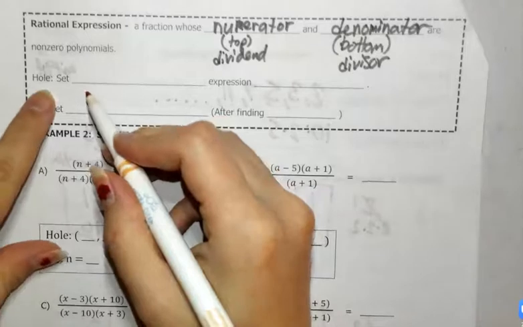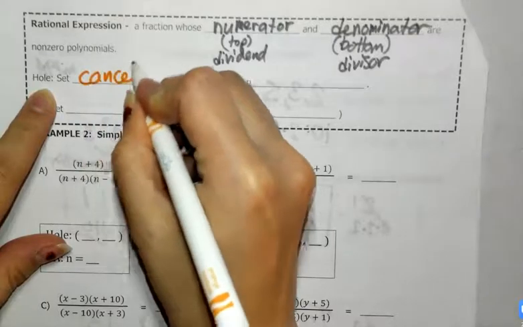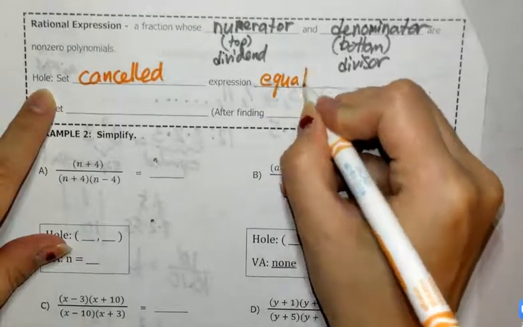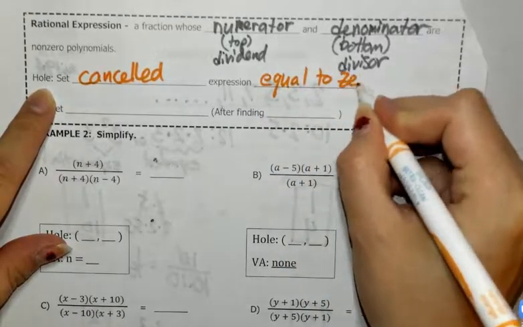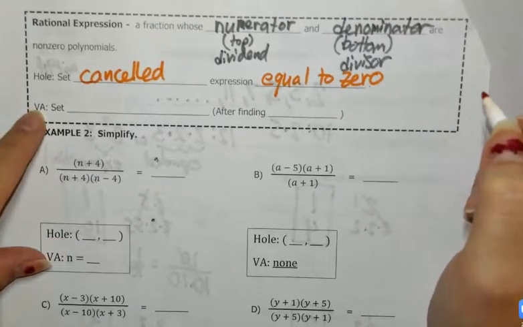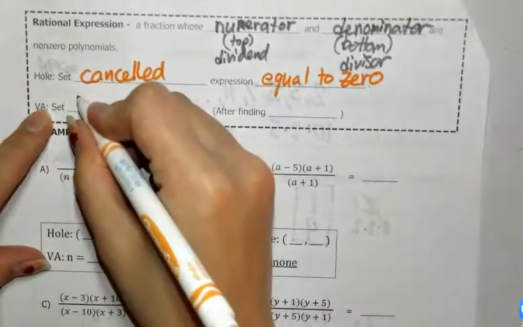For holes, you want to set the canceled expression equal to 0. And for the vertical asymptote, you want to set the denominator equal to 0.